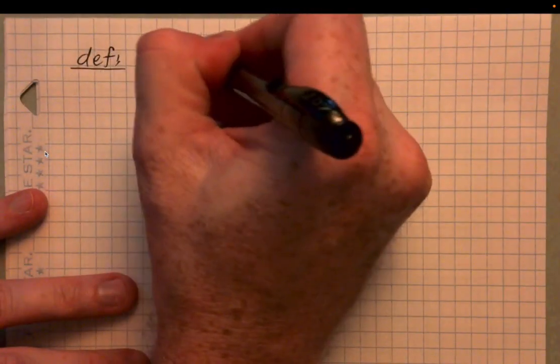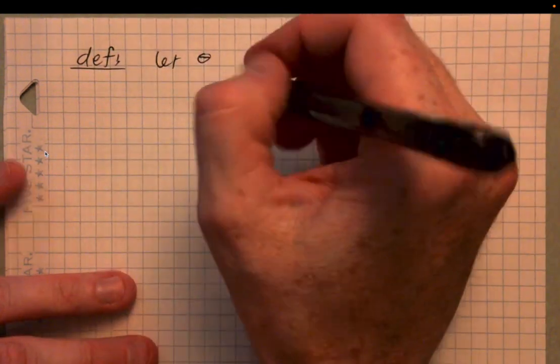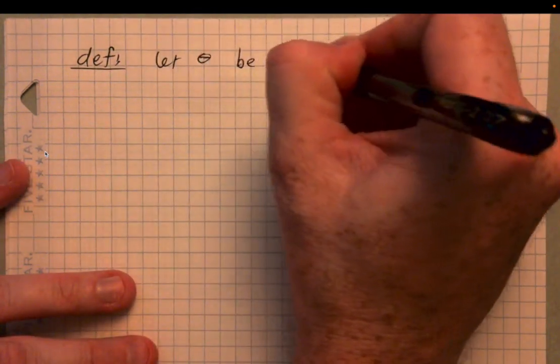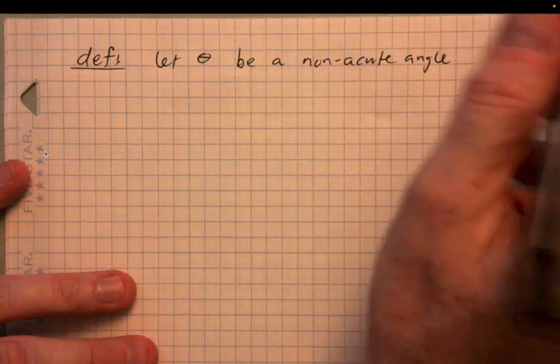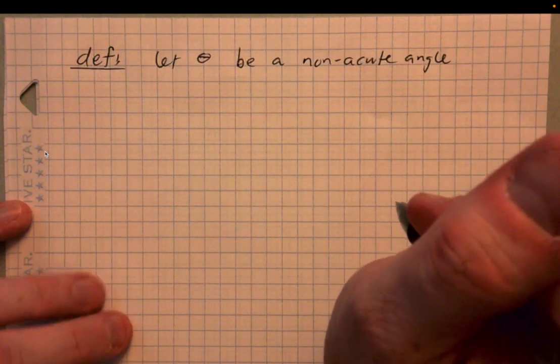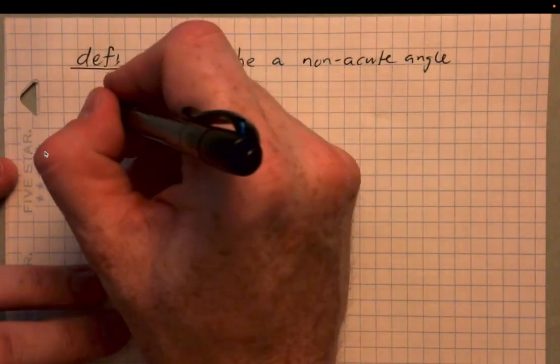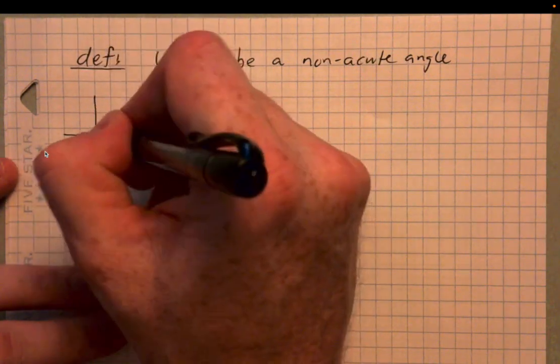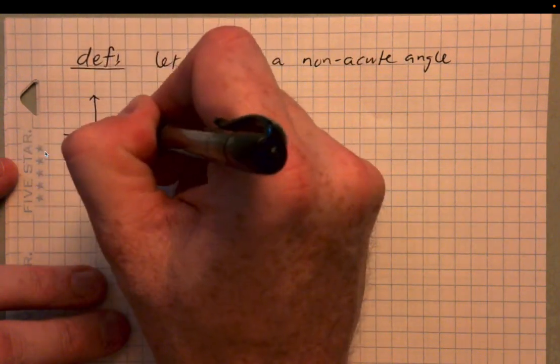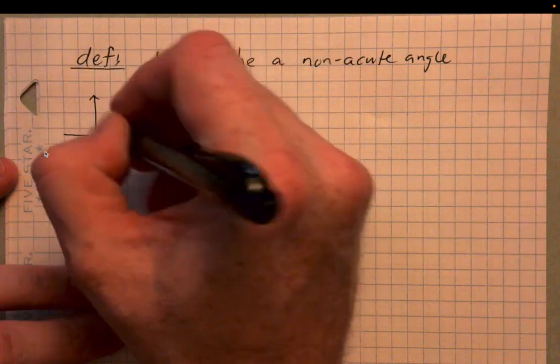So we're going to let theta be a non-acute angle. What does a non-acute angle mean? Just an angle that isn't acute, right? So remember, acute angles, if you think about the xy plane, would be angles in quadrant 1.